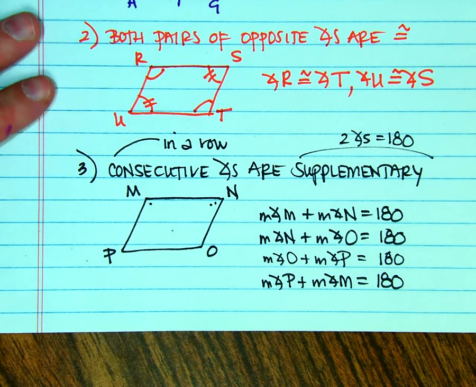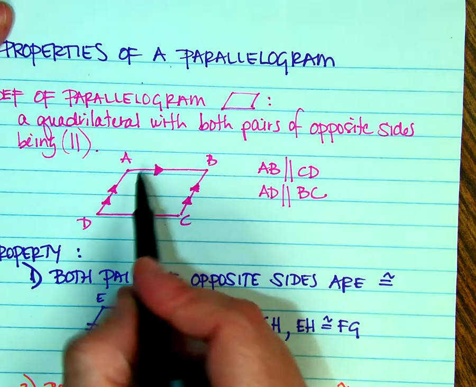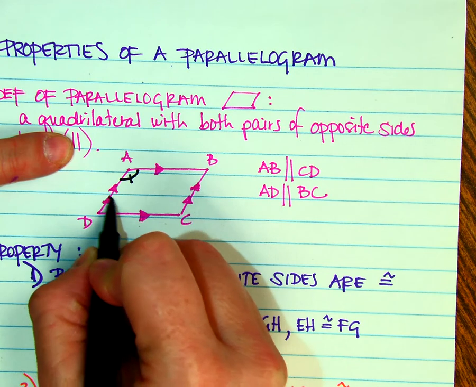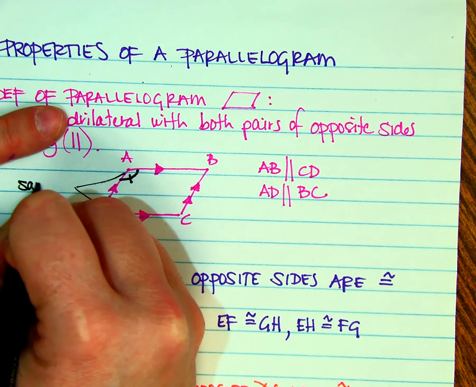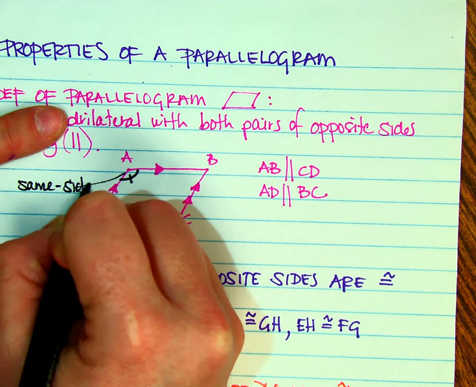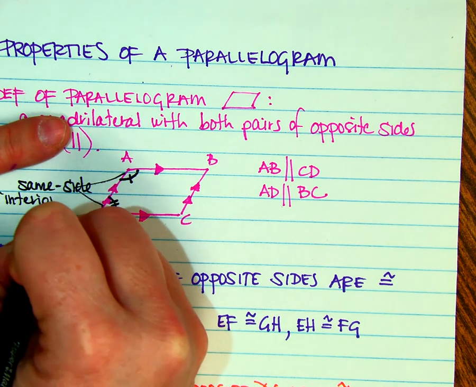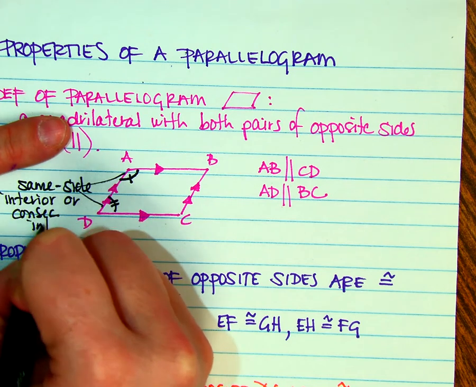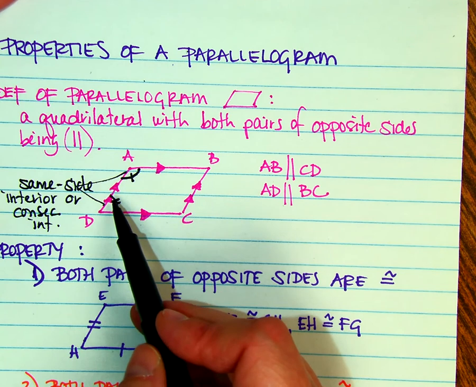And that is because if we go back to this idea of parallel lines, I'm going to zoom this down here. If I have parallel lines, then, if you remember, that one and that one are called same side interior or consecutive interior. And we know that they are supplementary.